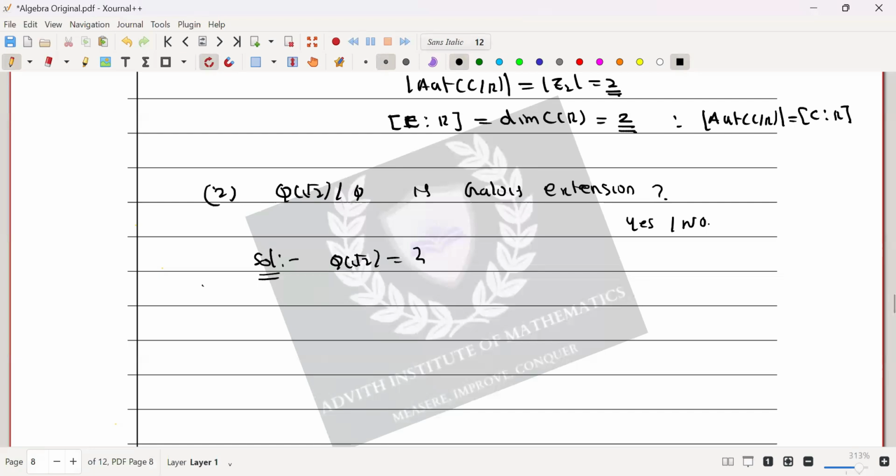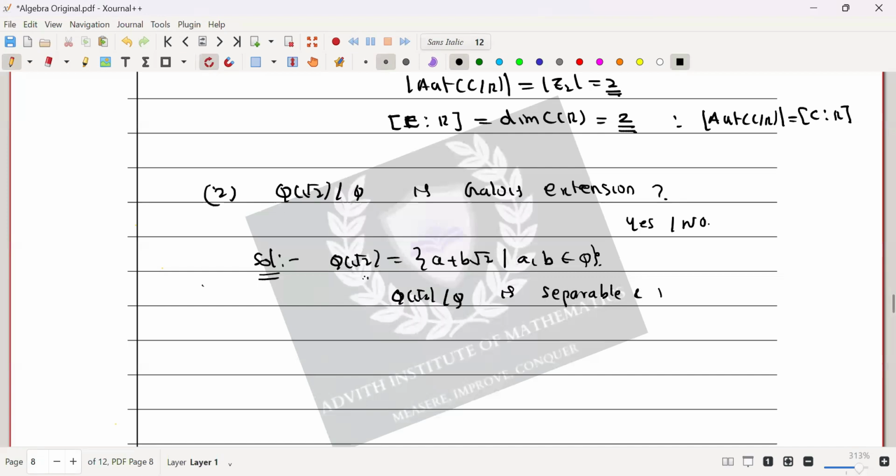Q root 2 is equal to a plus b root 2, such that a, b belong to Q. Okay. So is it a Galois extension? Of course it is separable and also normal, sir. Q root 2 over Q is separable, and we can also say it like this: Q root 2 over Q is a separable extension, right?